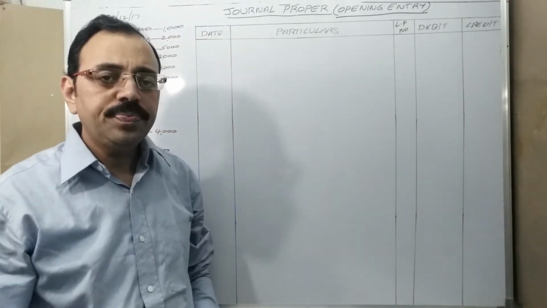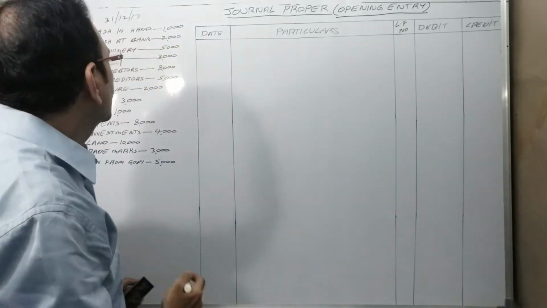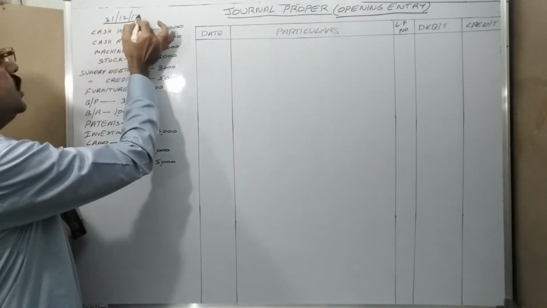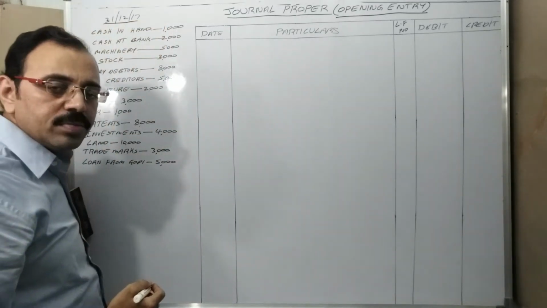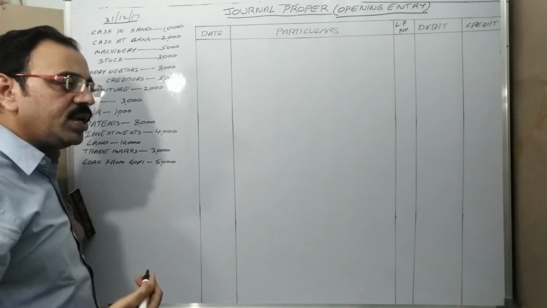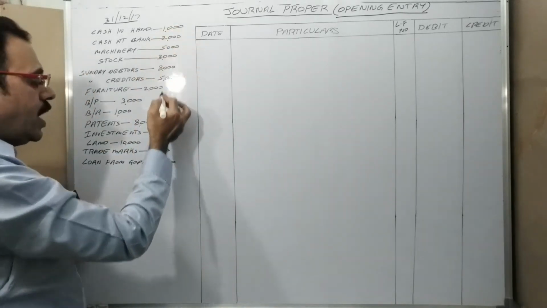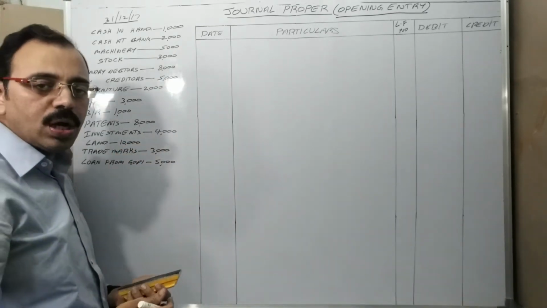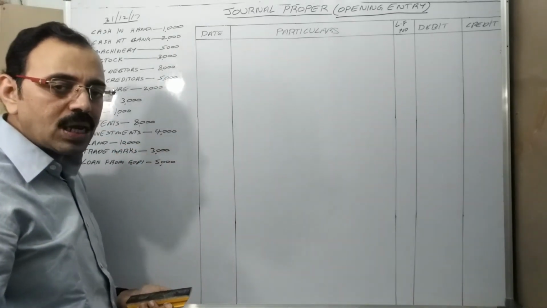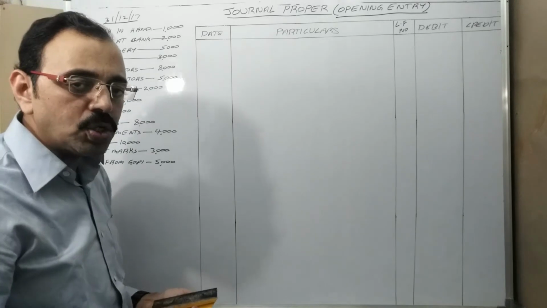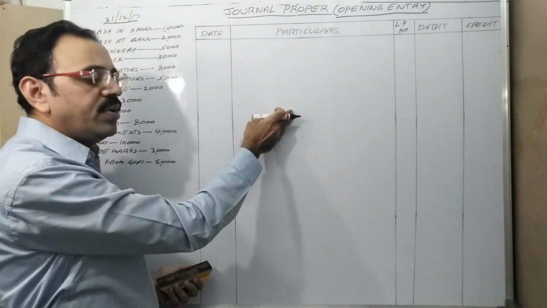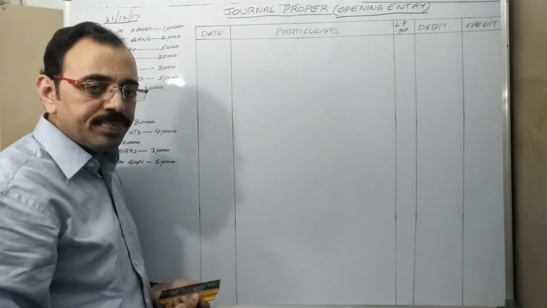See this problem. Here, on 31st December 2017, nothing but the previous year's last date, some assets and liabilities values are given to us. And what is he asking? He is asking us to write the opening entry in journal proper.